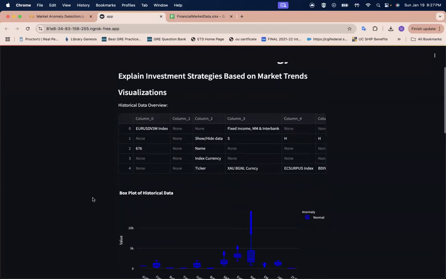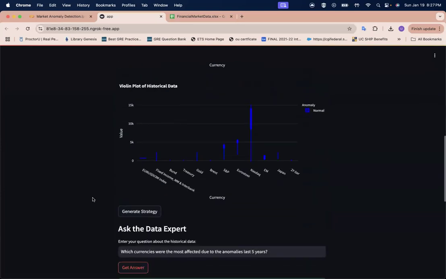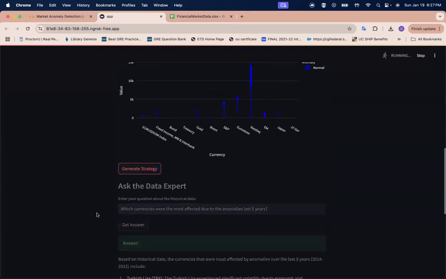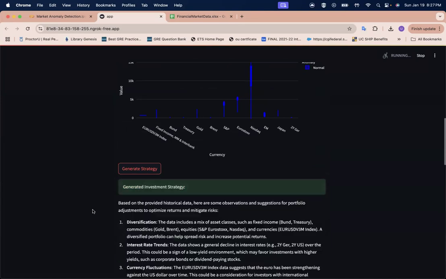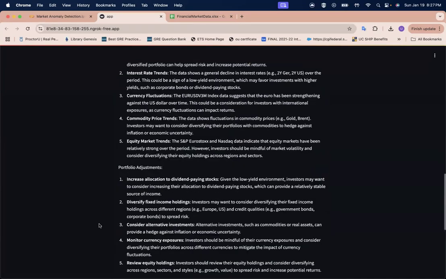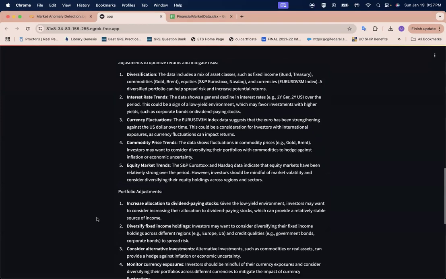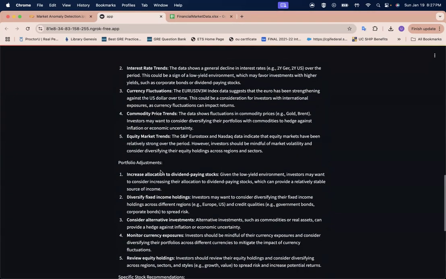So here's a representation of the UI, and you can just click on generate strategy in order for the LLM to use the predictions as well as the historical data to provide suggestions on how to trade through the anomalous trends during the financial market anomalies or crashes.